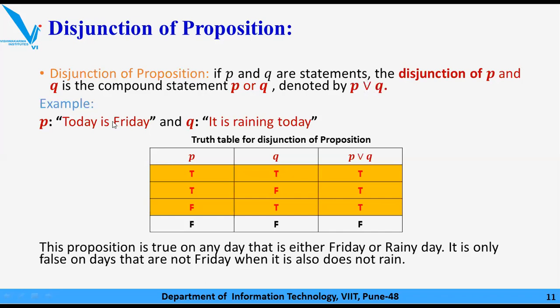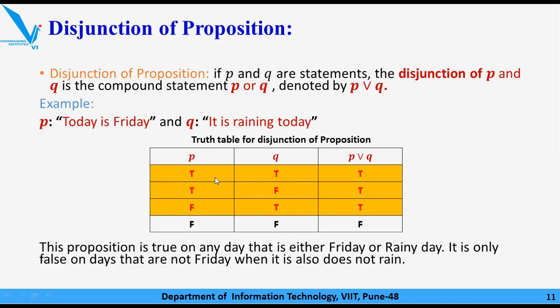Again, we'll take the same example, where P is "today is Friday" and Q represents "it is raining today". This is the truth table. These are all the possible values of P and Q, and this is the result of the compound P or Q. P or Q will be true when either P or Q is true.